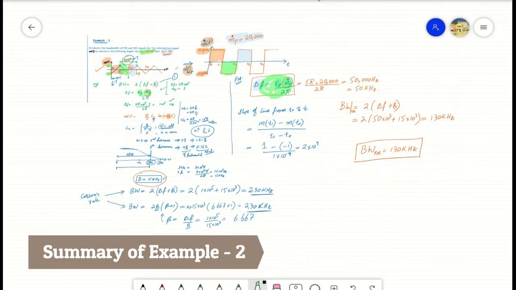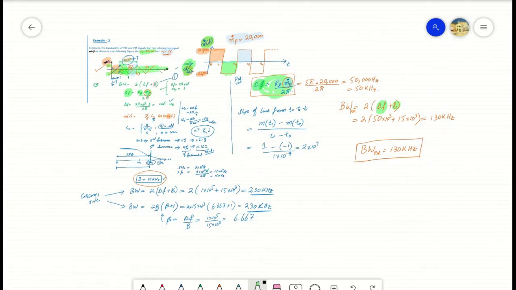Therefore, we have obtained the derivative of this information signal as this square wave that was m dot of t. So after calculating peak frequency deviations for both frequency and phase modulated signals, the other part which we required in the Carson's rule was the bandwidth of information signal, where information signal is this triangular wave.